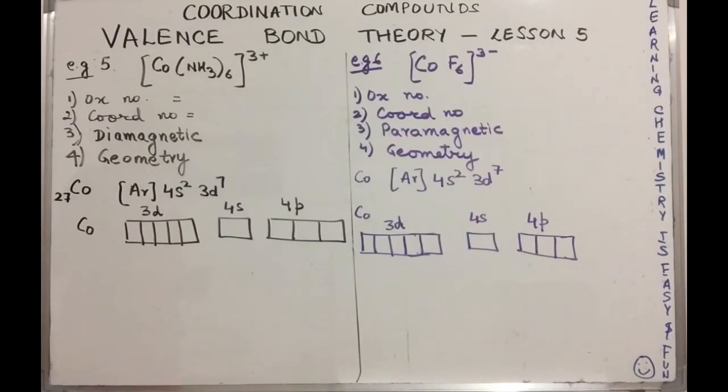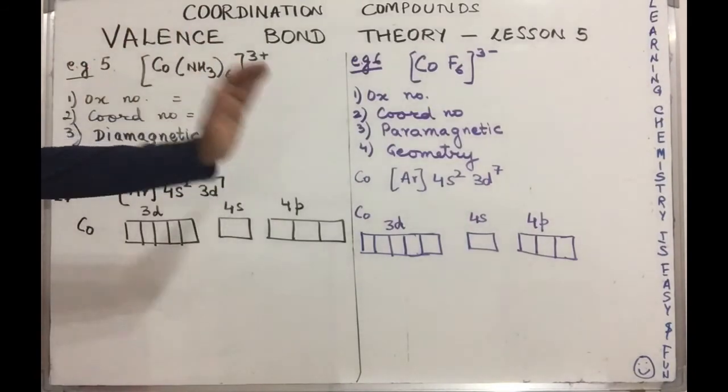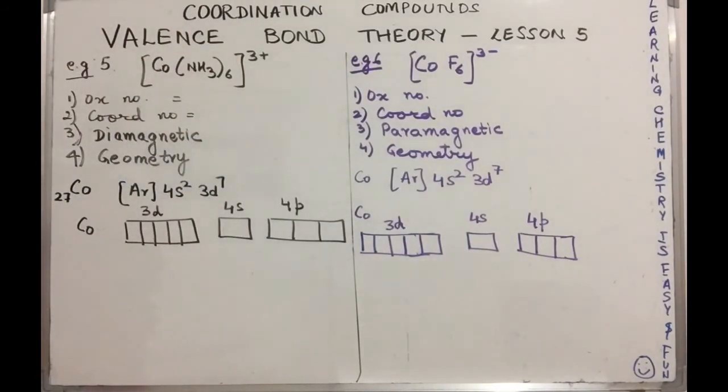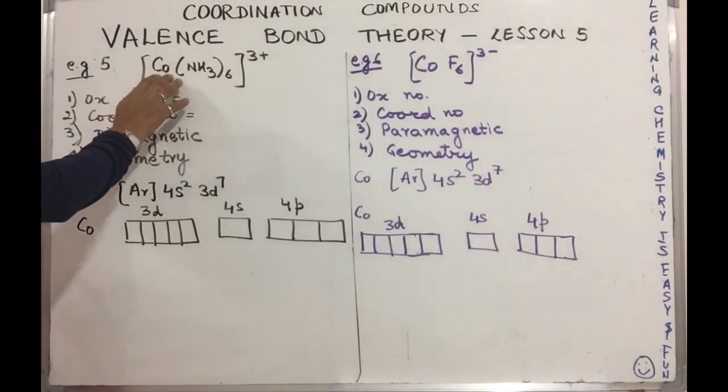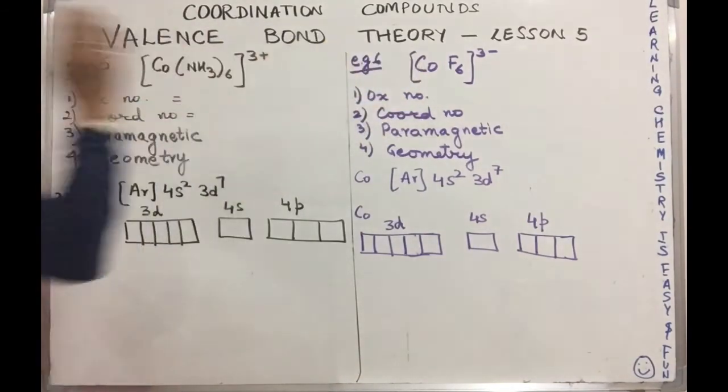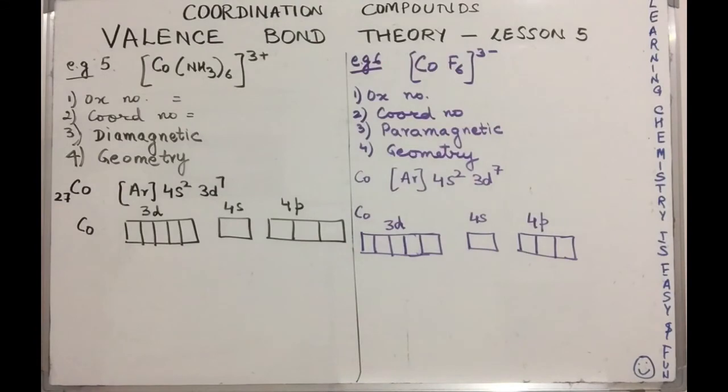I'm now taking up example 5 and example 6, and if you notice, both of these are coordination complexes involving cobalt. Okay, now is the test for you. Don't worry, you will get the answers, but as I always say, I cannot teach without your cooperation and your help.